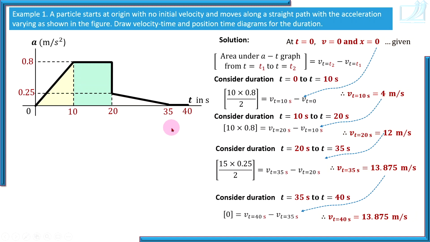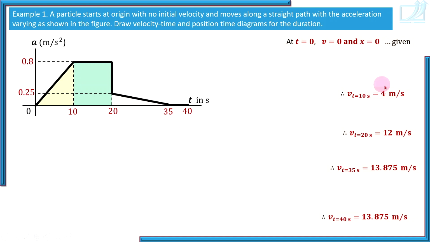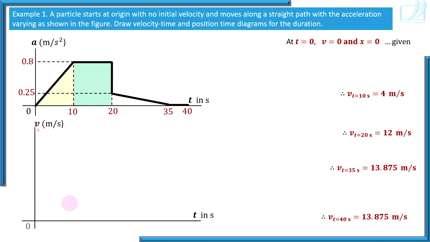Now we are ready to draw the VT diagram. How to draw the VT diagram? Try to understand. Focus on all velocity values only. Along the x-axis, time in seconds. Along the y-axis, velocity in meters per second. Okay. Now, you are going to plot all these points. But first, take care of proportions and mark all these important instants here.